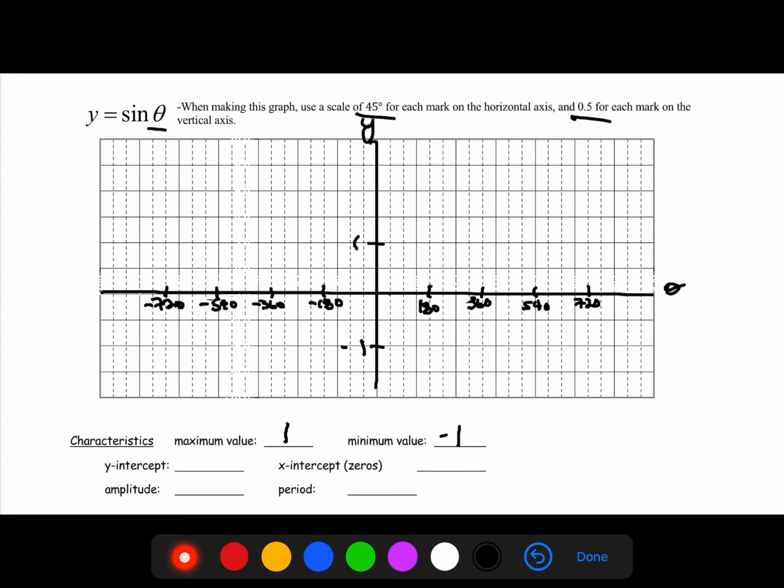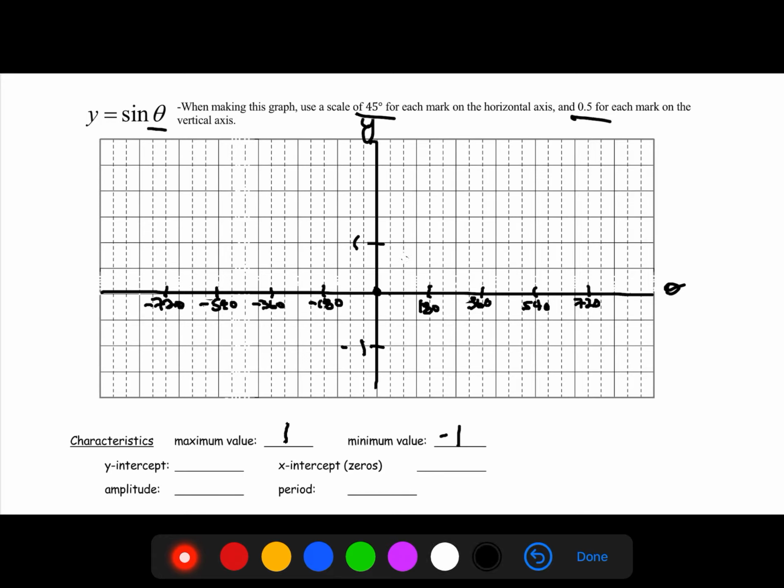Sorry, that should be -540. And you want to get really comfortable graphing these because we're going to be doing all of our transformations for these as well.